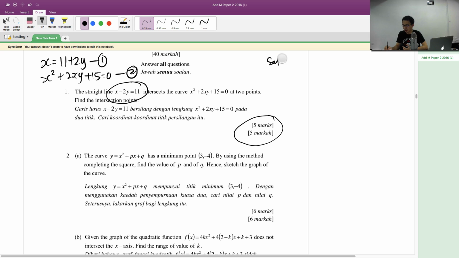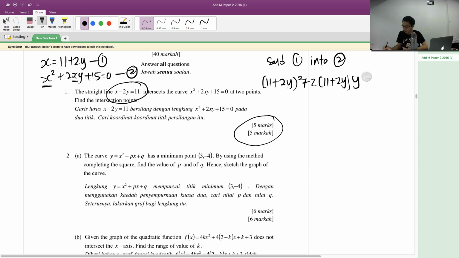Then I will do what I usually do. I will substitute the first equation into my second equation. It is very easy. So I will get (11 plus 2y) squared plus (11 plus 2y)y plus 15 equals 0, because whatever x I have, I substitute 11 plus 2y.